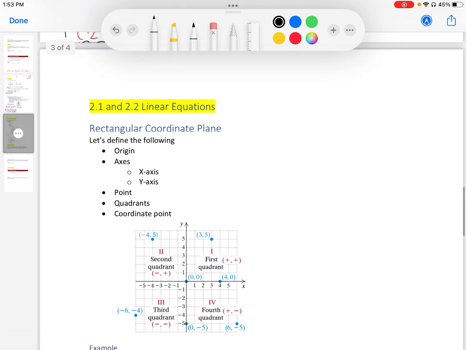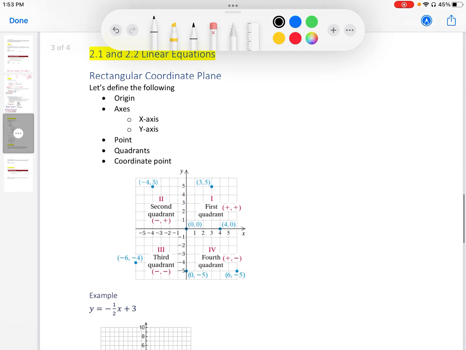Moving on, in sections 2.1 and 2.2, we talked about graphing. We were introduced to the rectangular coordinate plane, also called the Cartesian plane, also called the XY axis. They all mean this figure here.